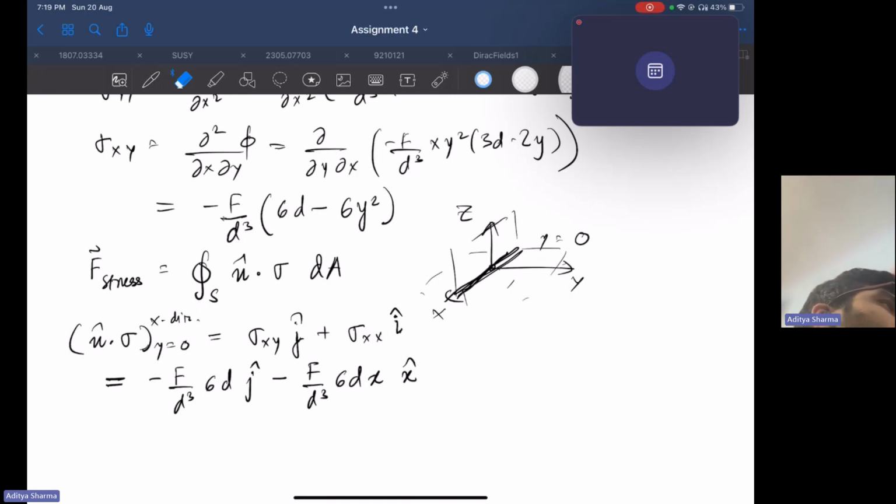So at y equal to 0, we have this is 0, this is 0, sigma xx is non-zero, sigma y is 0.